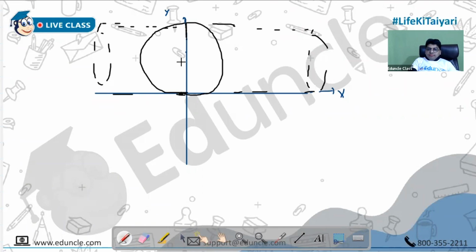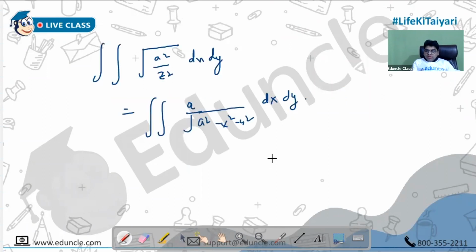Whenever you have this circle, tell me one thing. This is in the xy plane, yes or no? And you have the z plane. So what will you do? Just tell me this. This is the main thing, and you can do everything else, because multiply by 2, 4. What is the limit?